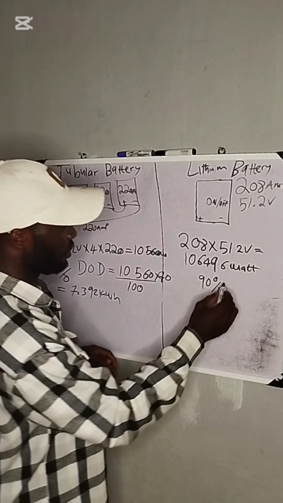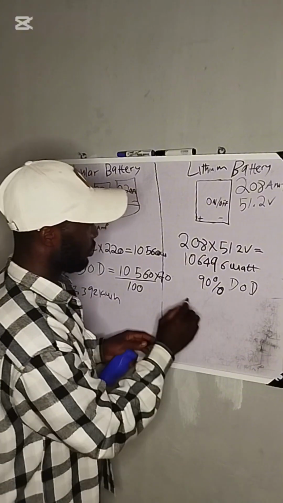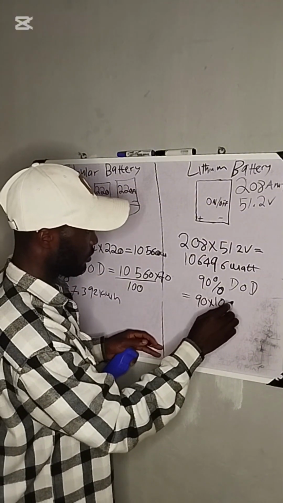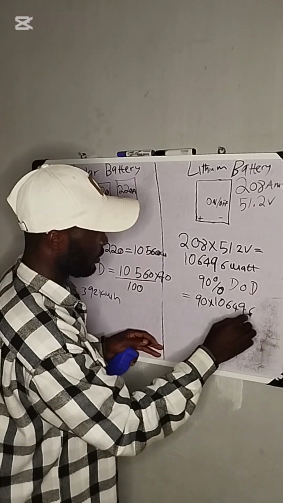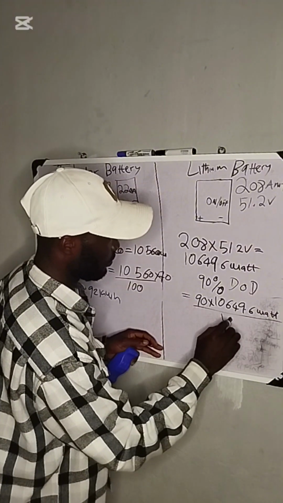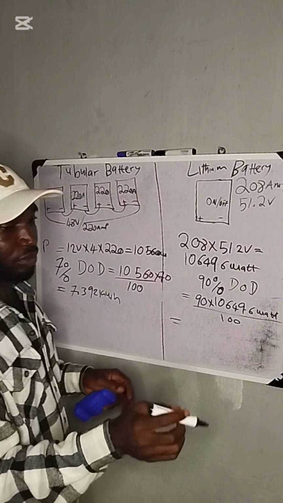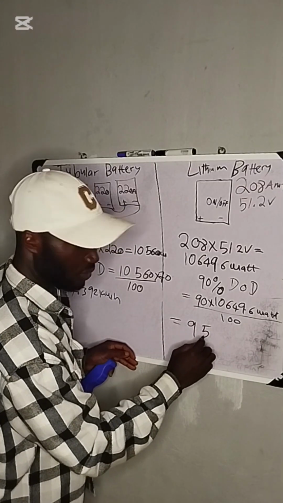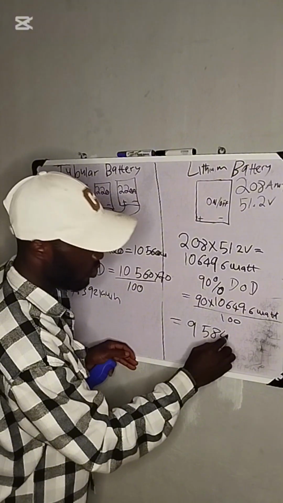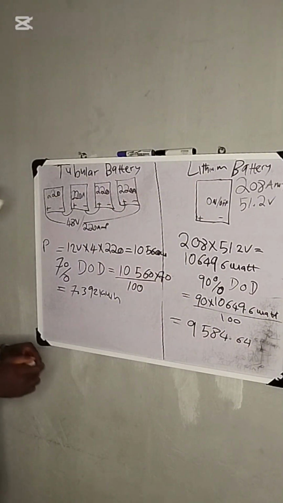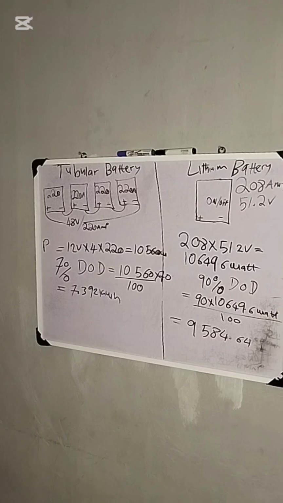The 90% depth of discharge, DOD, you will get 90 times 10,649.6 watts divided by 100. You will get 9,584.6 watts. This is what you will get.